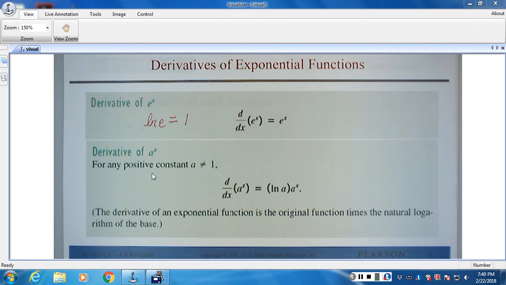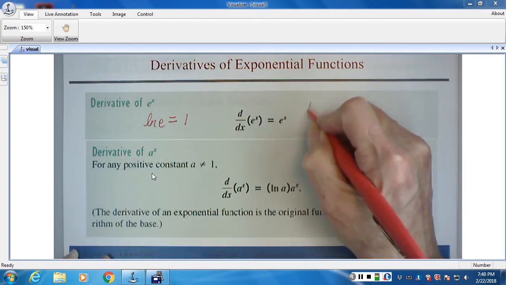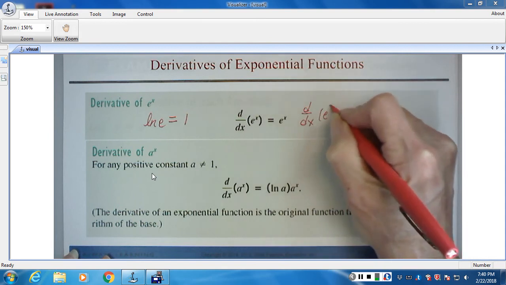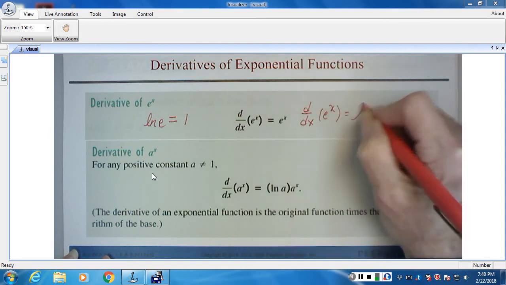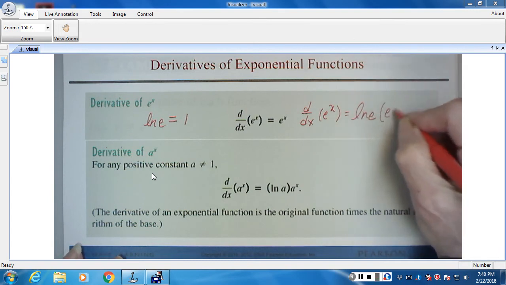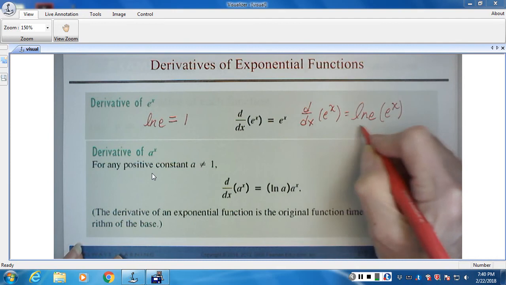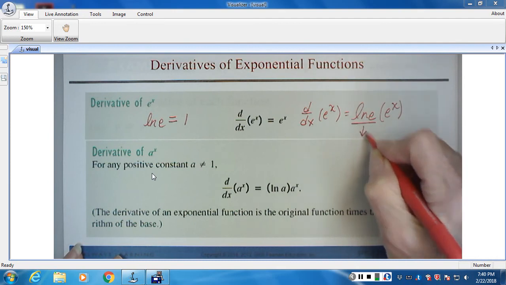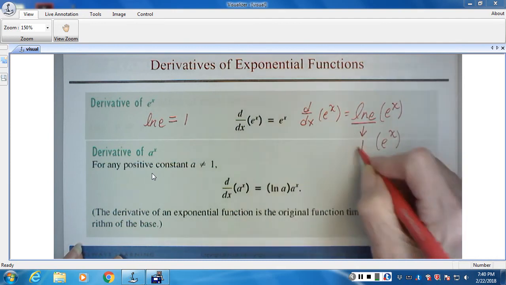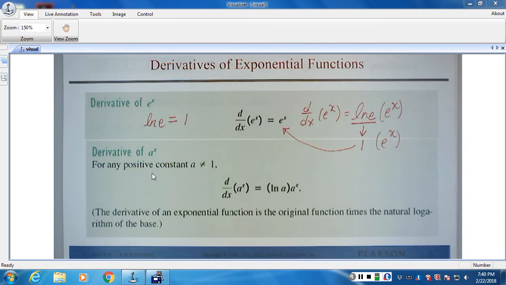So what this is really saying is the derivative of e to the x is the natural logarithm of e times e to the x, but because the natural logarithm of e is 1, 1 times e to the x leaves us with just e to the x.